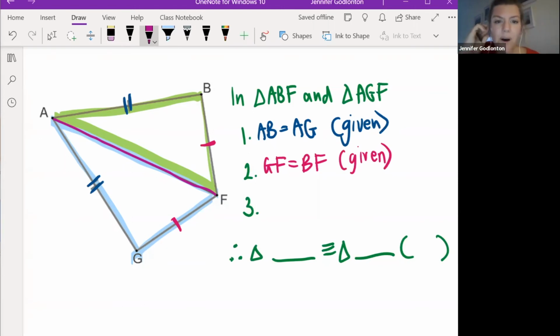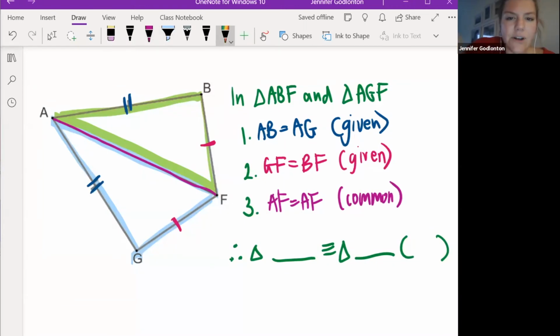And because it's part of both triangles, it's obviously the same length as itself. Okay, so you can just write AF is common, or you could say AF is equal to AF, or you can just say they are the same as each other. And then I'm just going to say common.